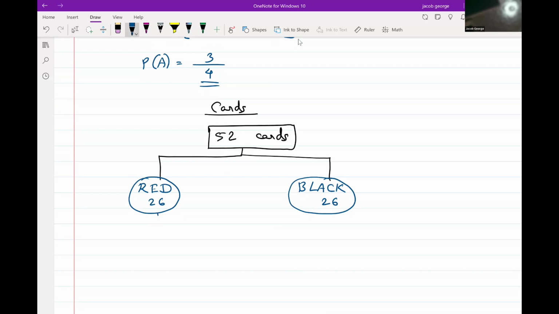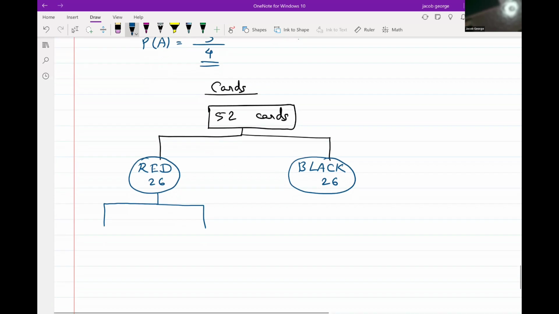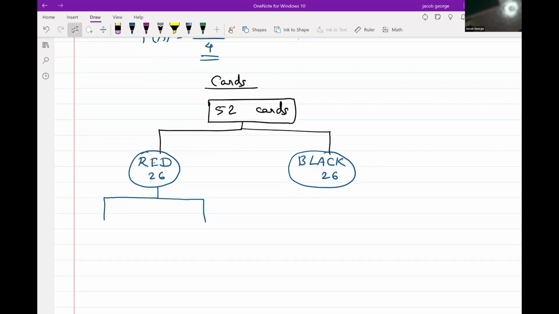Again, this red group, we break into two: hearts and diamonds, 13 each.